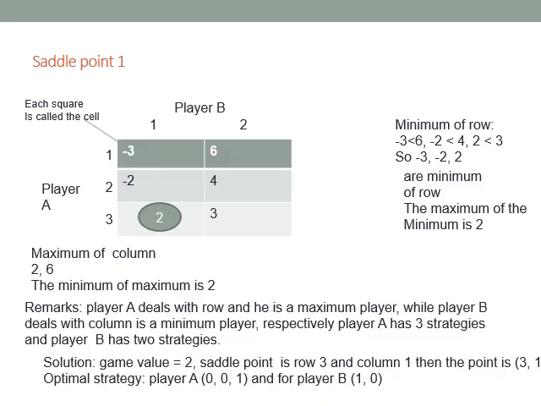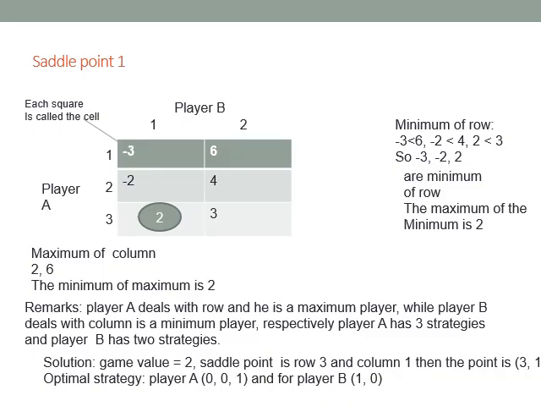The first row has 2 values, -3 and 6. Logically, -3 is less than 6, and we are going to write -3. Move to the next row.